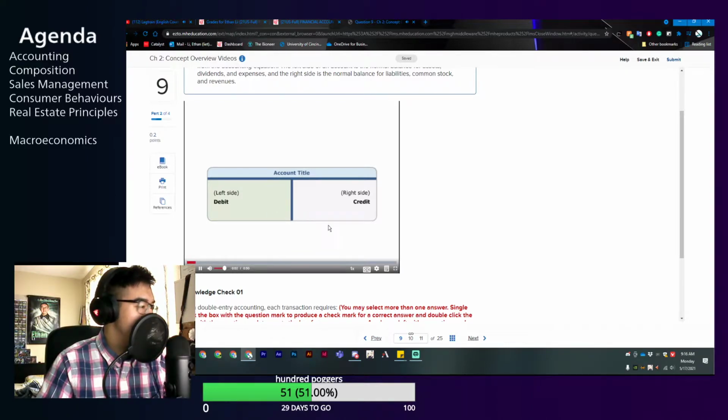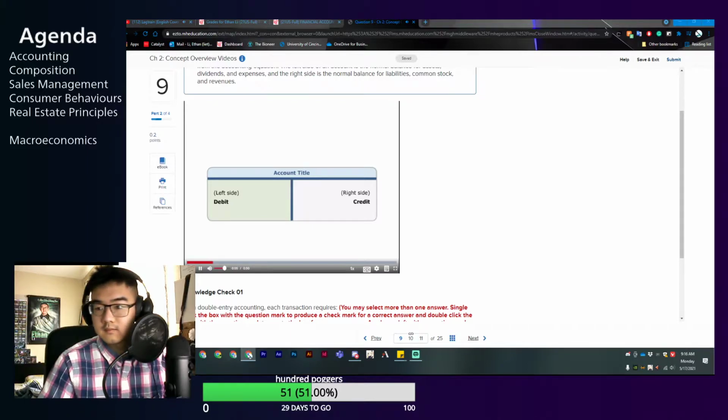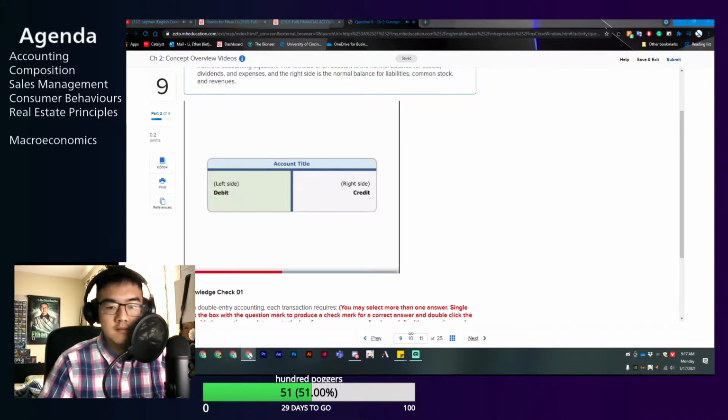In a T account, the difference between the left and right sides, including any beginning balance, represents the account balance. If the sum of the amounts in the debit column exceeds the sum of the amounts in the credit column, the account will have a debit balance. On the other hand, if the sum of the amounts in the credit column exceeds the sum of the amounts in the debit column, the account will have a credit balance.